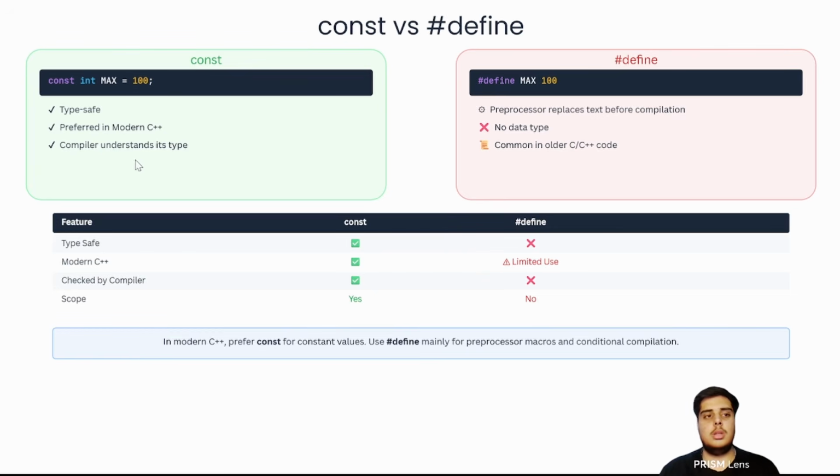Whereas const is type safe, preferred in modern C++, and the compiler understands its types. Features of const: it's type safe, used in modern C++, checked by the compiler, and it has scope. Whereas #define is of limited use and not much used in modern C++.